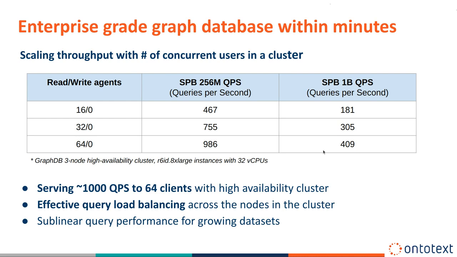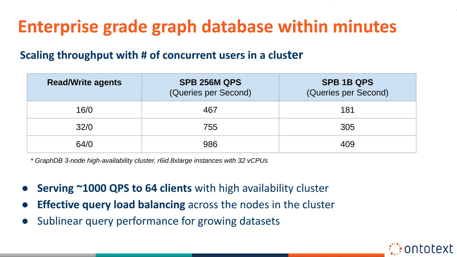And for the smaller dataset of 256 million statements, we managed to achieve 1,000 queries per second for 64 read agents. That kind of performance is available to be tested using all of the available AWS instances with the standard GraphDB cluster. So no need for extra setups.